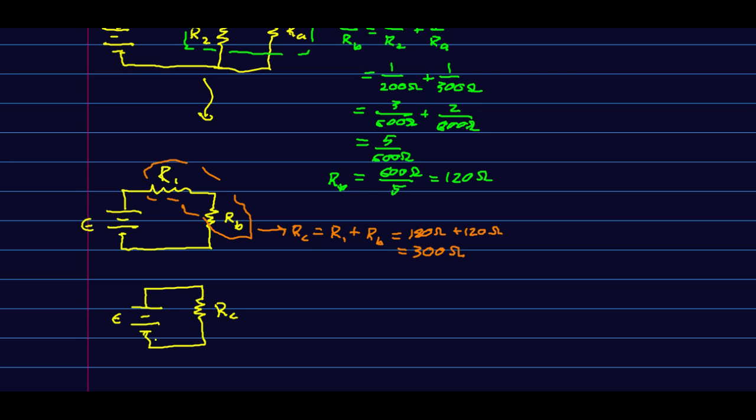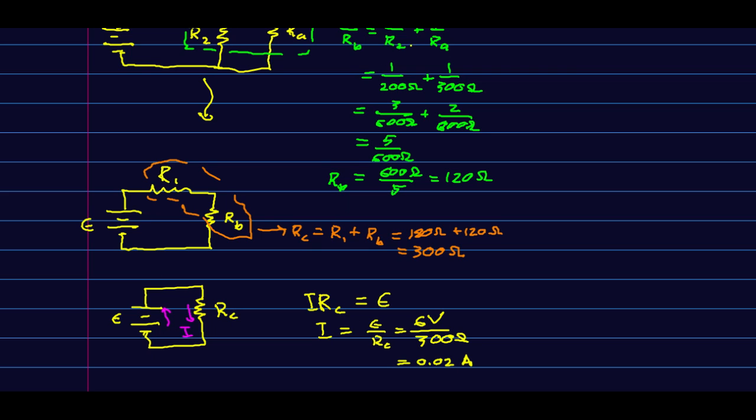And now the loop law tells us that the voltage across this resistor is the same as the voltage across the battery. And so I RC, where I'm calling the current that circulates in this circuit just I, is epsilon. And so this I is just epsilon over RC, so 6 volts over 300 ohms, which is 0.02 amps.